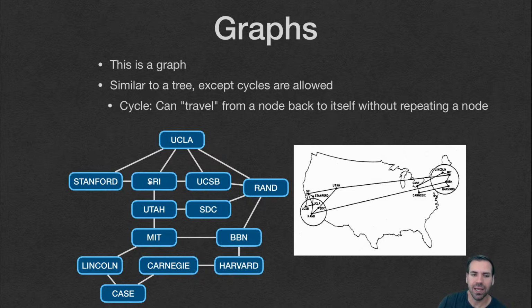But we're going to make the call to SRI. We're going to say, okay, let's go visit SRI. SRI is going to make a recursive call to UCLA. UCLA is going to make another recursive call to Stanford, back to SRI, and we're going to get stuck in one of these cycles. So this is the big difference between a tree and a graph: a graph can have cycles, which is a list of nodes where you can travel from one node to another and get back to the original node.